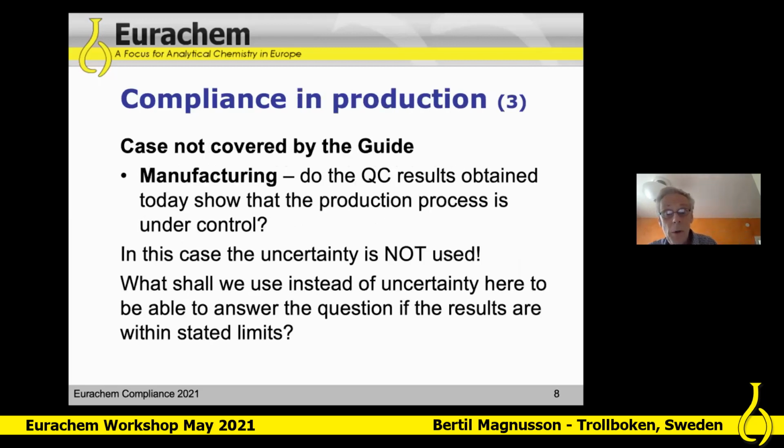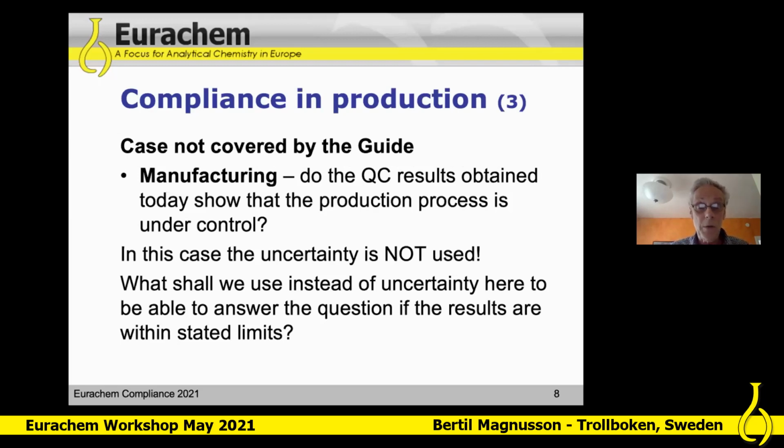I will actually ask you a question, my friends, now. It's not easy, but I will try, and I hope you can give me the answers in the chat. Because this is a case not covered by the guide. We have manufacturing, so the QC results obtained today, do they show that the process is in or out of control? In this case, we will not look at the uncertainty.